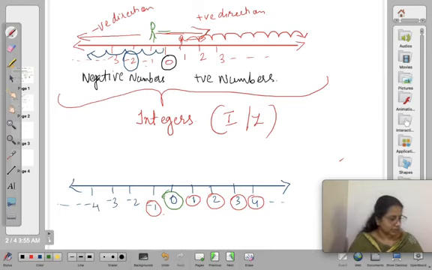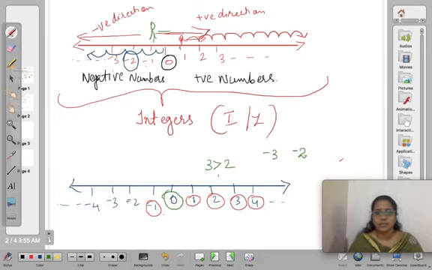The next one, the greater the number, the lesser is its opposite. Let me take two numbers. You know that 3 is greater than 2. But when you take negative 3 and negative 2, what will happen?